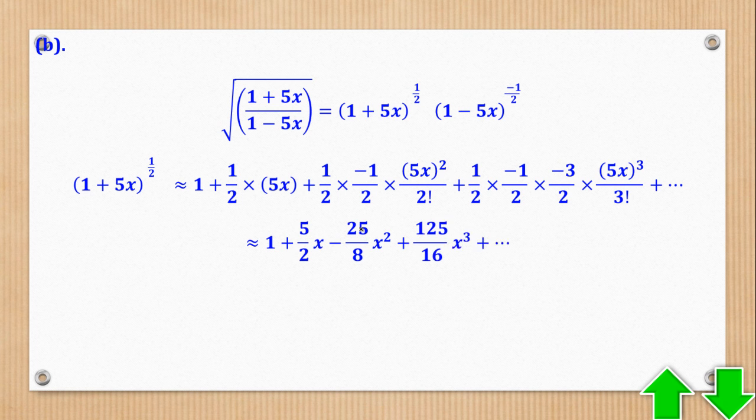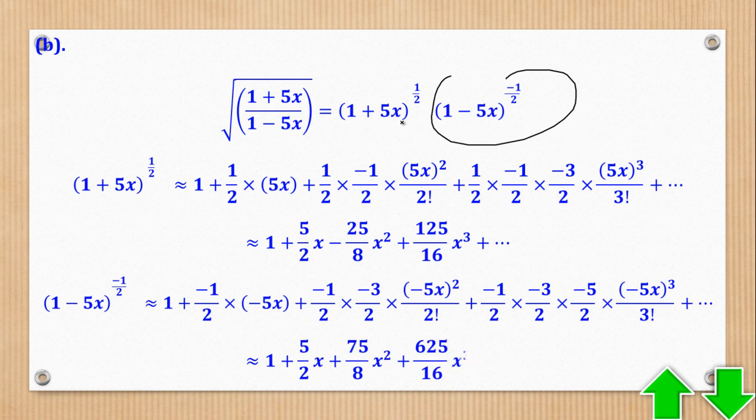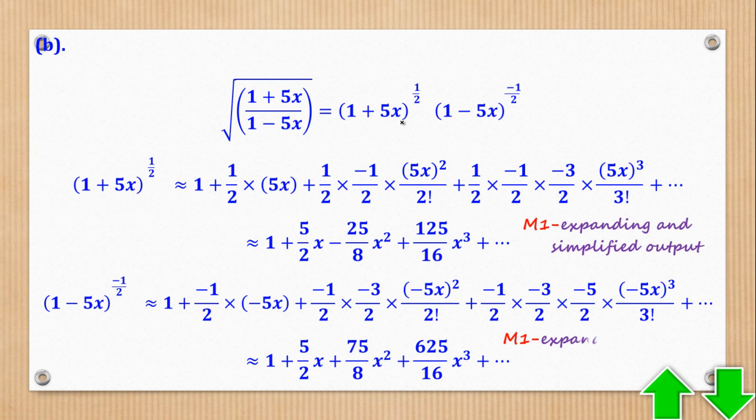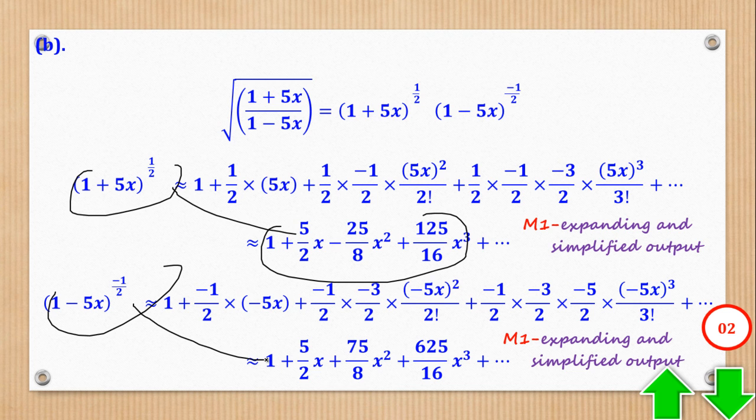So simplify, you come up with that. Do the same for this one and simplify. So now that you have got the expansion for this and for this, we are going to multiply the two to get what they want.